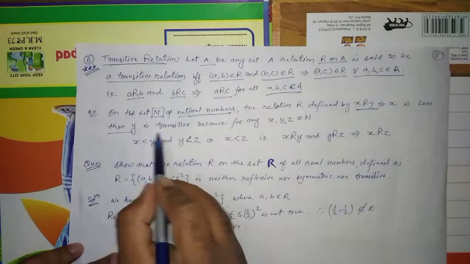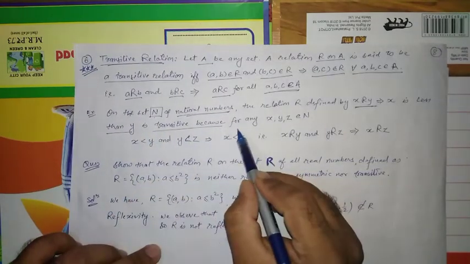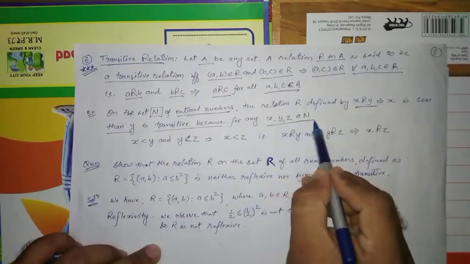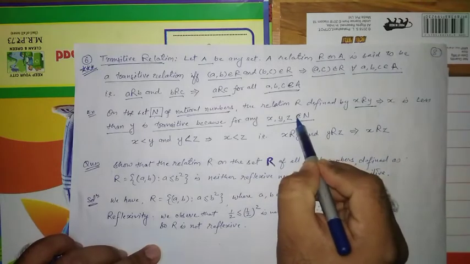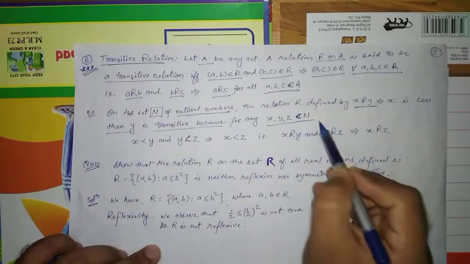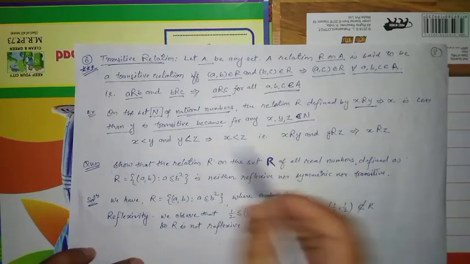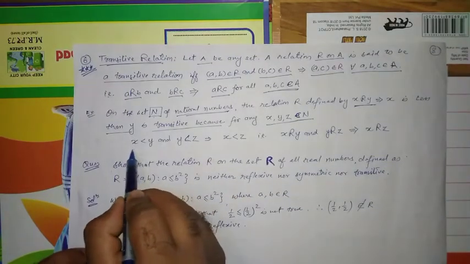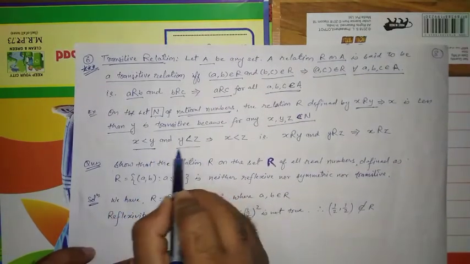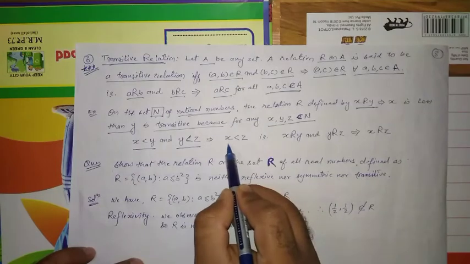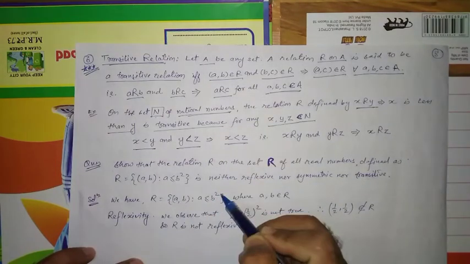It is transitive because for any x, y, z that belong to N, if x is less than y and y is less than z, then definitely x will be less than z.